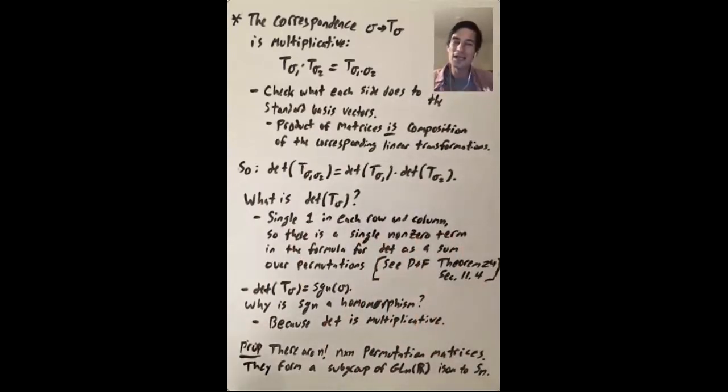But what is the determinant corresponding to one of these matrices for these linear transformations? What I'm going to say next, how much you get from it, depends on what interpretation of determinants you've seen before in your linear algebra class.